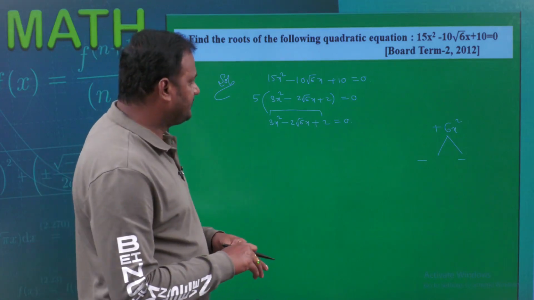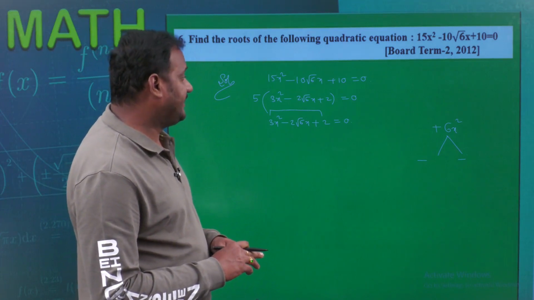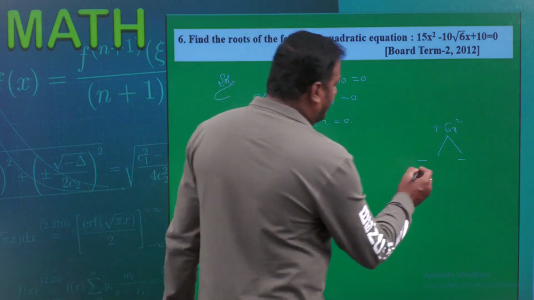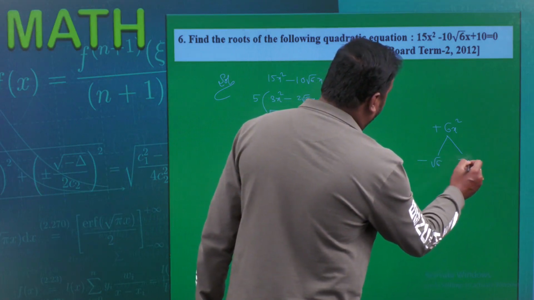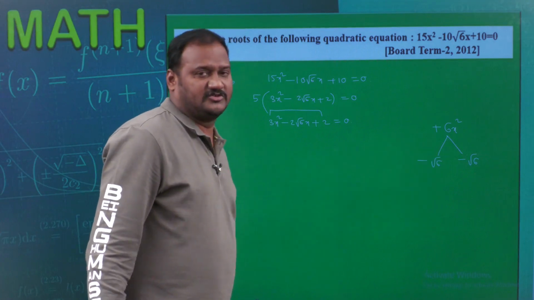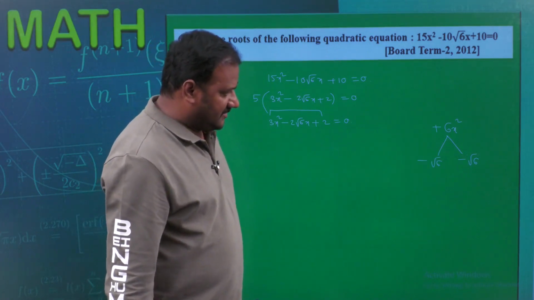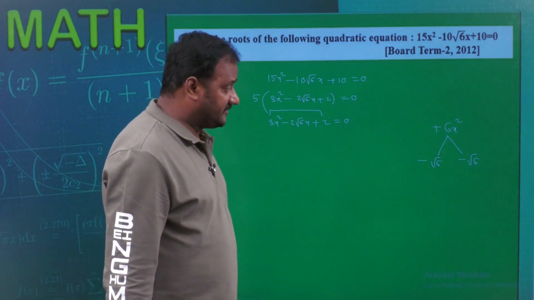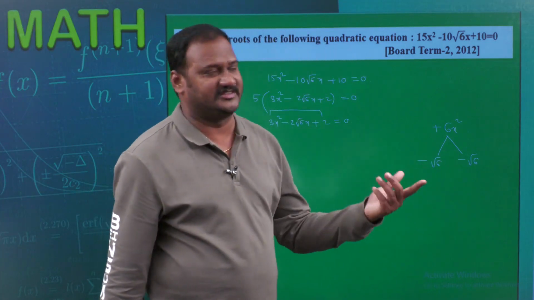How is that possible? In terms of root 6, like if I take minus root 6 and minus root 6, for example. Root 6 and root 6 add up to 2 root 6, so minus root 6 and minus root 6 add up to minus 2 root 6. When you multiply both of them, minus into minus equals plus, root 6 into root 6 is equal to 6.